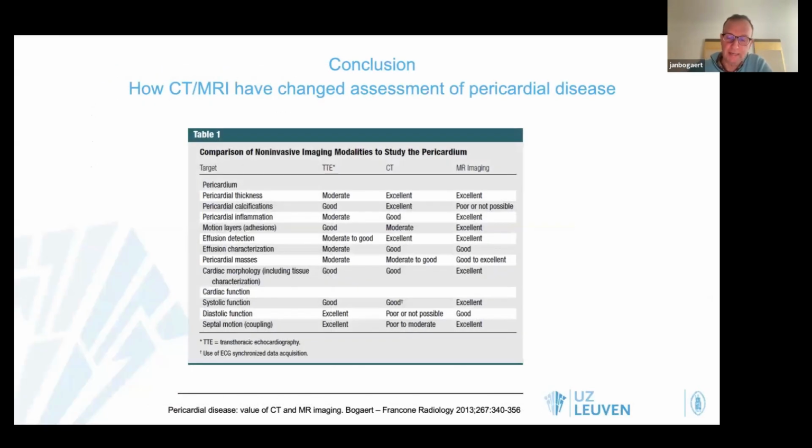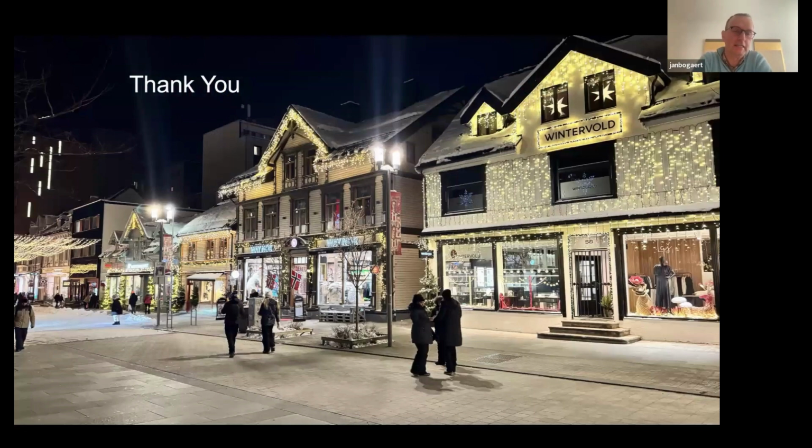So this brings me to my concluding slide. I think both CT and even more CMR really have advanced towards, I would say, a prime imaging modality to investigate the pericardium. And I strongly would recommend using a comprehensive approach, and I always compare CMR with making a puzzle.